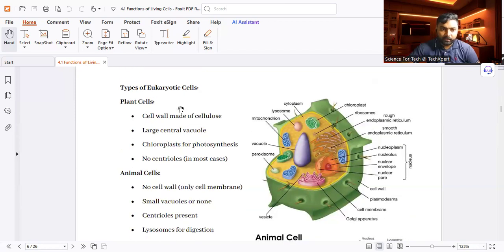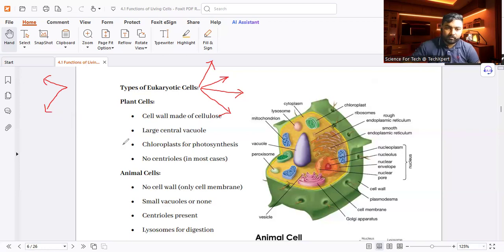The types of eukaryotic cells. Can you tell me what the kingdoms are that come under eukaryotes? Last week I told you. And what are the kingdoms that come under prokaryotic cells? Can you remember?